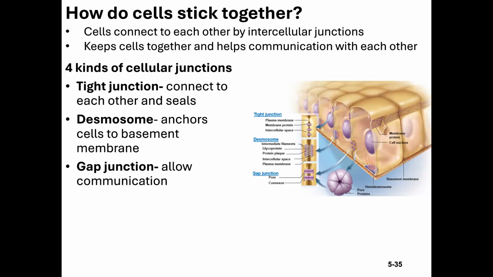A tissue. When you have groups of tissues with a common purpose, what do you call that? An organ. And when you have multiple organs performing a particular function, that is an organ system. And when you have multiple organ systems coming together, you have an organism.